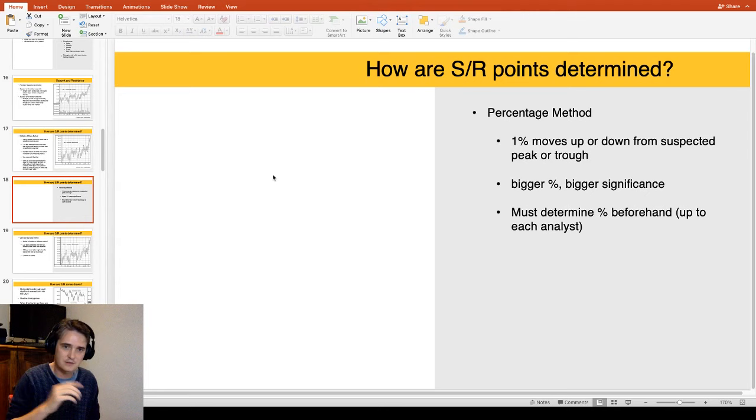Conversely, if the stock moves up 1%, turns around, and moves down 1%, then that is a resistance point. You have to determine the percentage move yourself, unfortunately. Every trader or analyst is different, and you have to determine it beforehand. Obviously the bigger the percentage move, the more significant the level is. Not a lot of people use this because it is almost too open to interpretation.